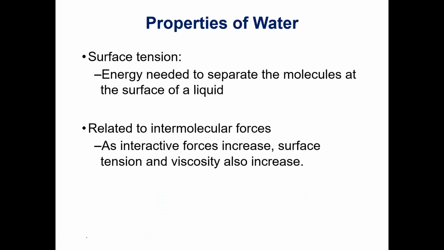So I mentioned earlier hydrogen bonding in water affects some of the properties of water. So we get surface tension, which is the energy that's needed to separate molecules at the surface of a liquid. Because water has such strong intermolecular forces, it has those hydrogen bonds, we get a very high surface tension.